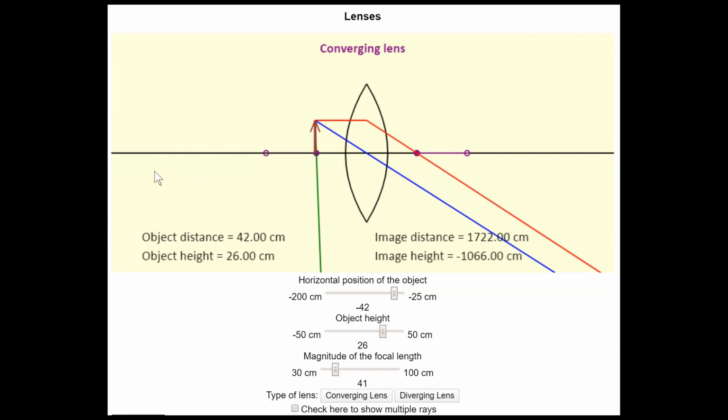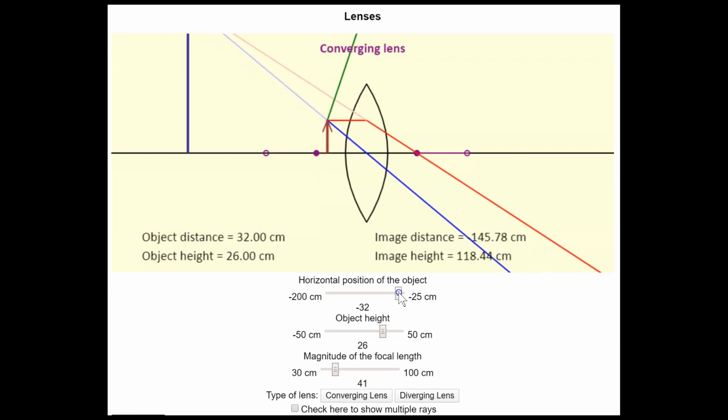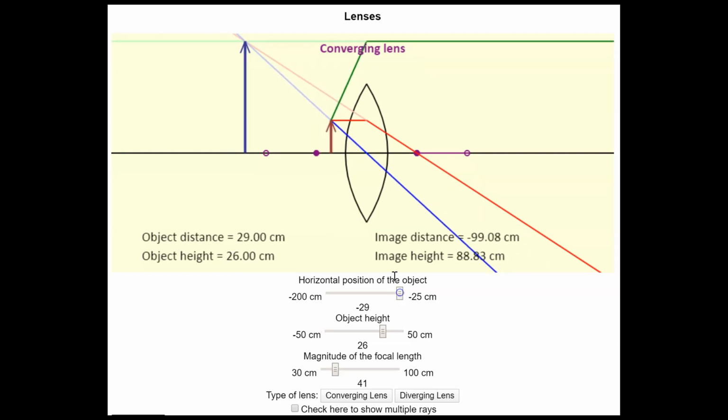The reason is that there's a discontinuity in the equations that describe the location of the image. So as I cross it, you'll see that the image is now erect and larger, and always outside of the object location.